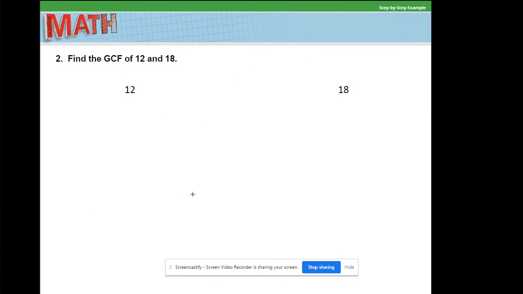So number 2 for greatest common factor is GCF of 12 and 18. And this time they do it a little differently. They have you make a factor tree. A factor tree is where you break down the number until you can't factor it anymore. So for example, we have 12, which is going to be 6 and 2.